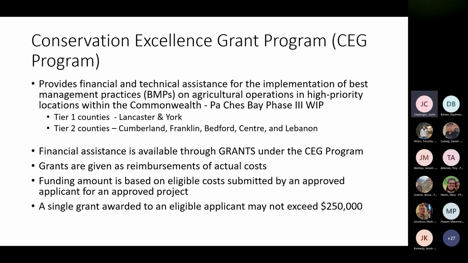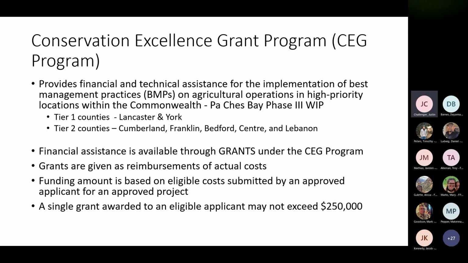Currently it is only in those counties where CEG is eligible funding. We may be getting some more funding, and that's a big may, to put into the CEG program. If we do, we'll likely expand that out to tier 3 counties. But again, that is not set in stone at this point. As of right now, it's just tier 1 and tier 2 counties.